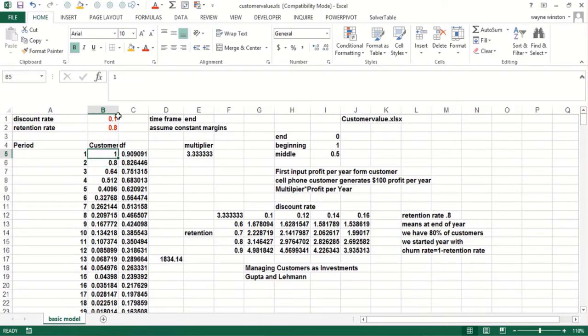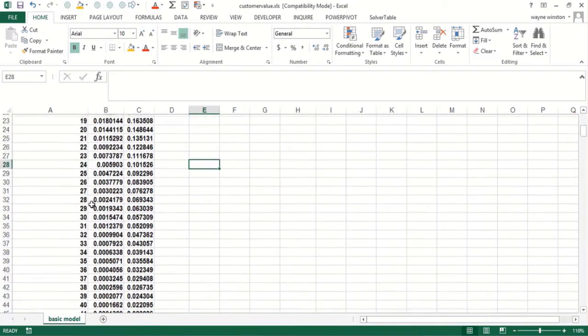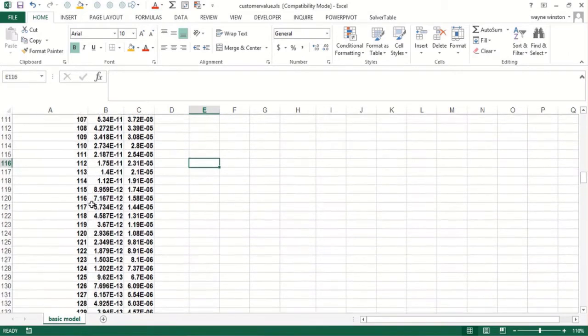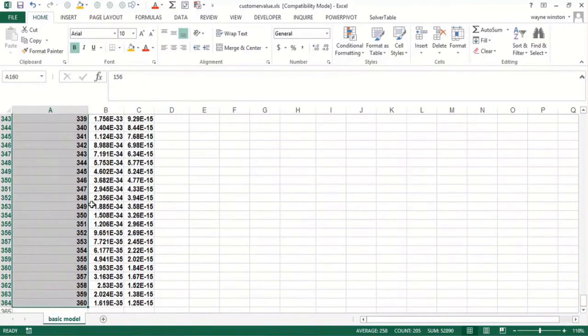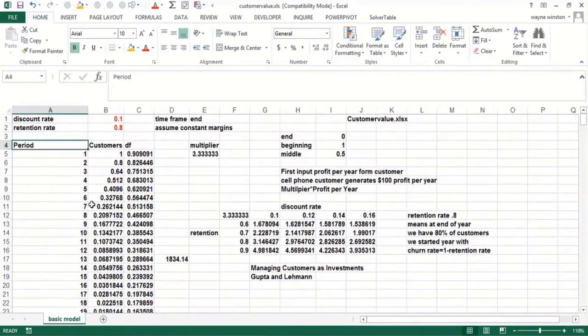And if you multiply the number of customers each period times the discount factor, assuming you got $1 each year from each customer, that would give you the multiplier. And I ran this out 360 periods, because that could be months. It's never going to go this much, but if you have months, that's 30 years.